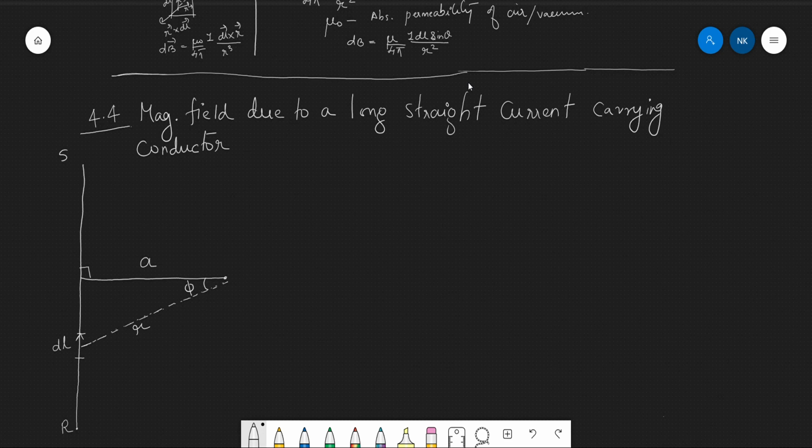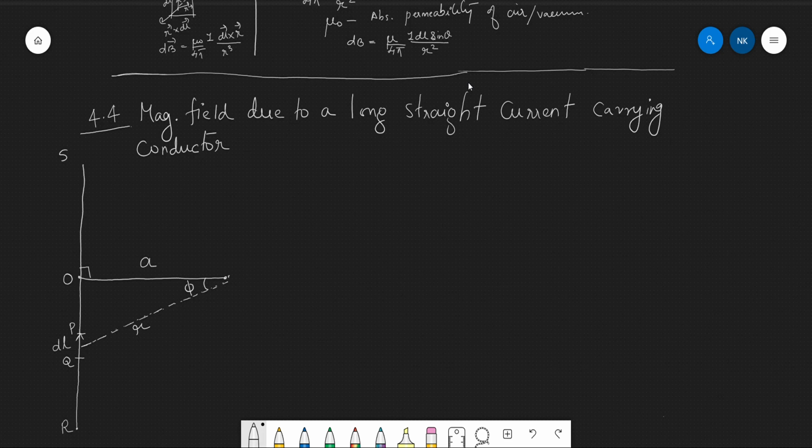Due to this small segment, let this be Q, so PQ, this is dl length, and let this point be O. Here we are going to calculate the magnetic field due to this one.